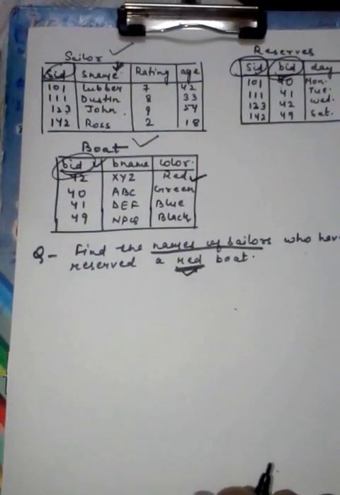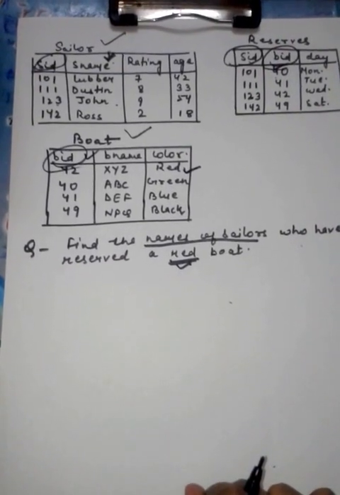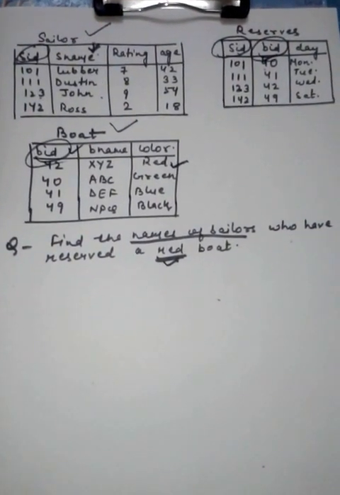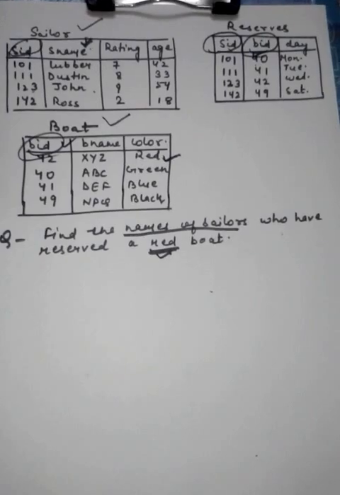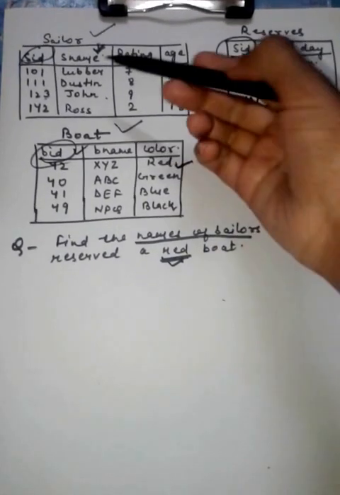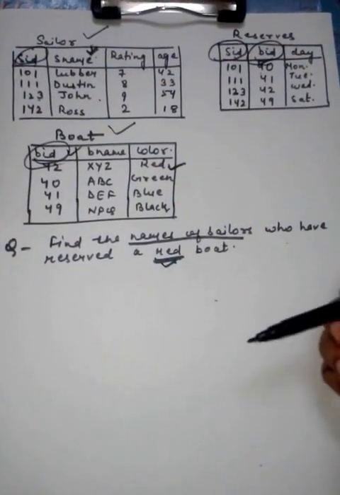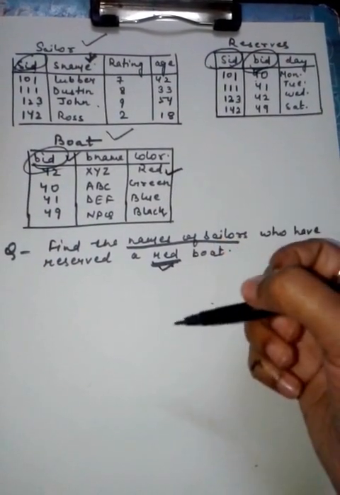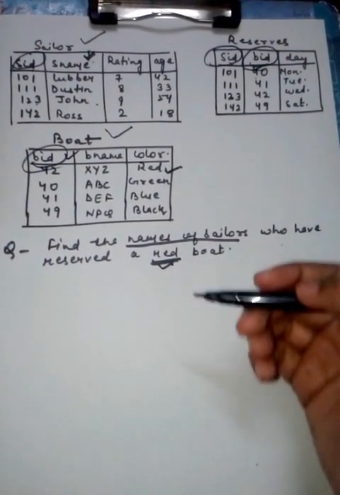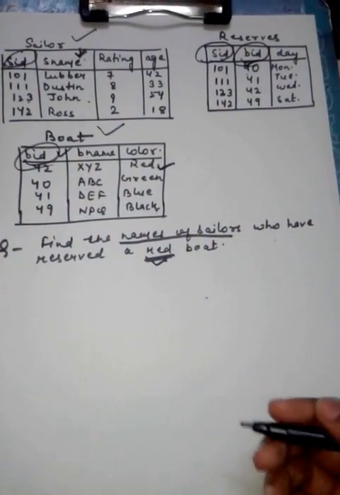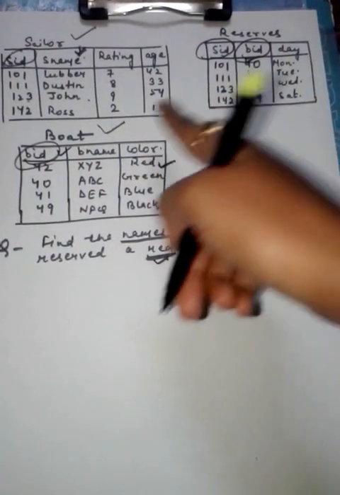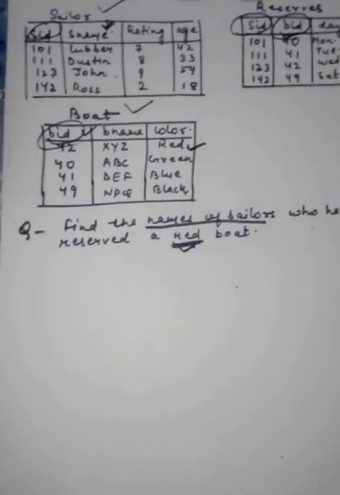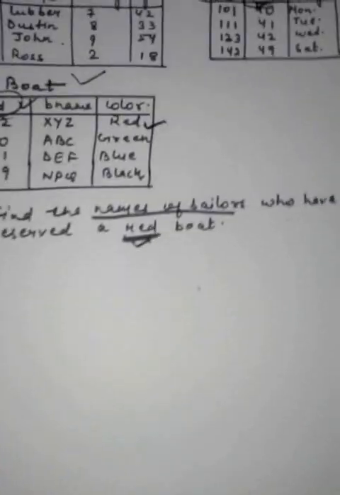Okay, so which operations will we use here? We will use the project operation for projecting the seller name. Then we will use the select operation for selecting the color of the boat. And last we will use the natural join operation to relate all these three tables. So what will we write?